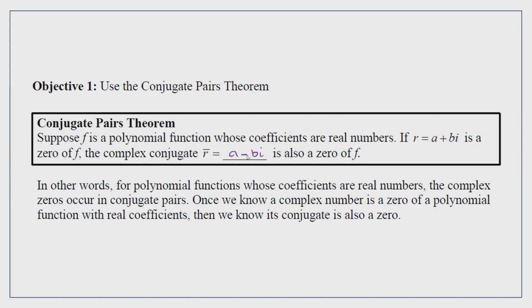Oh, that's actually minus. It's a conjugate, so it wouldn't be the same. So in other words, for polynomial functions whose coefficients are real numbers, the complex zeros occur in conjugate pairs. So once we know a complex number is a zero of a polynomial function with real coefficients, then we know its conjugate is also a zero.